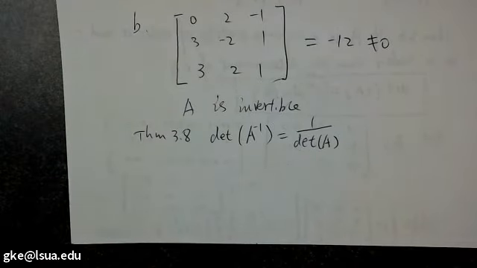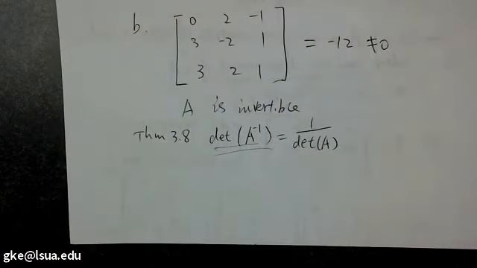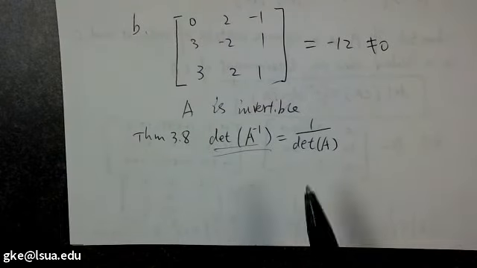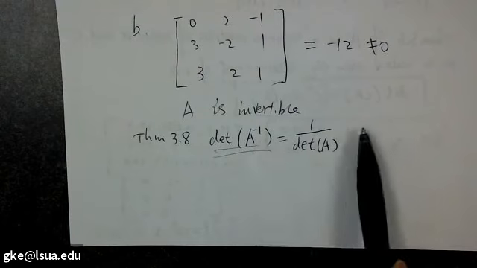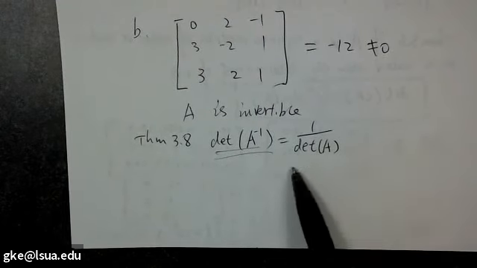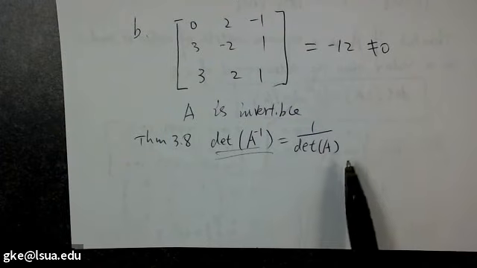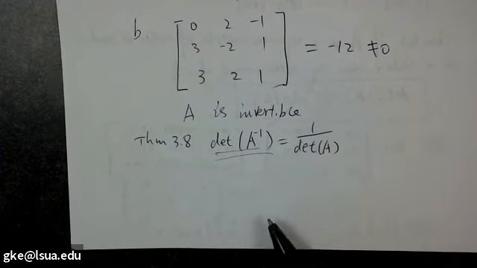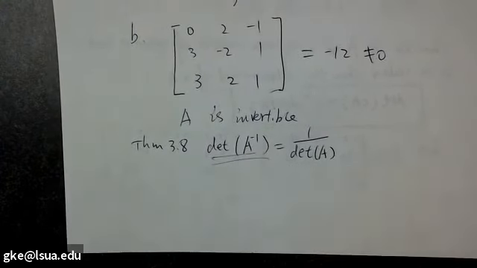If you want to calculate the determinant of A inverse, this theorem tells you that we just need to calculate the determinant of A, then take 1 divided by the determinant of A. We don't need to calculate A inverse.